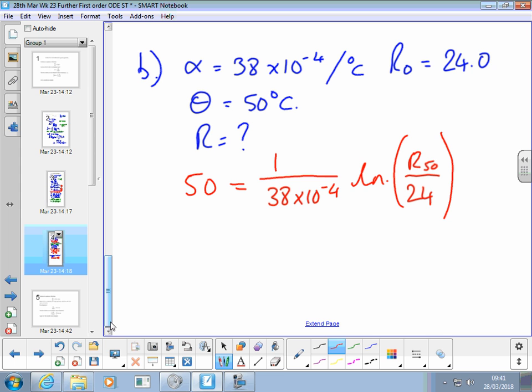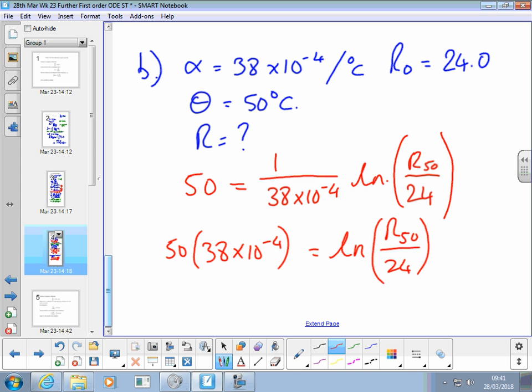So we're going to go 50 times 38 times 10 to the minus 4 on that side is equal to ln of R50 over 24. How do we get rid of the log function to get R out of that fraction?